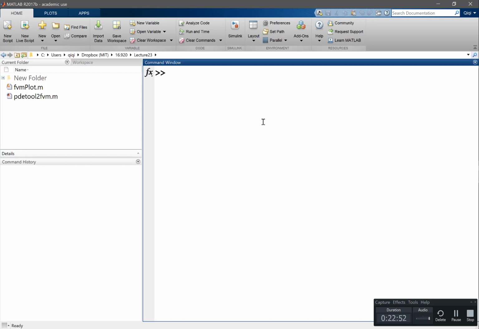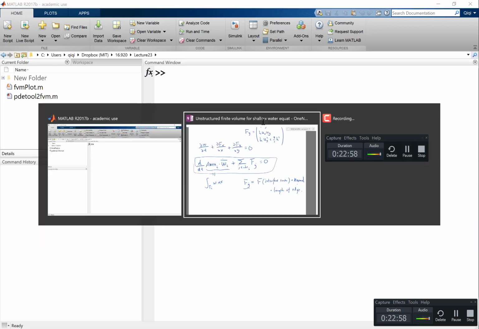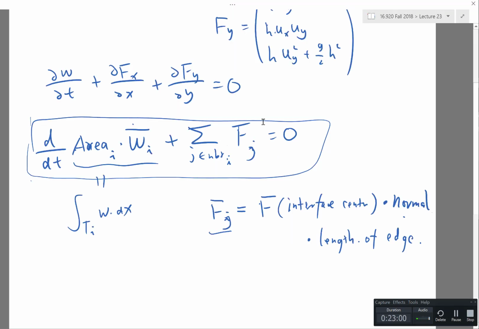First of all, let's construct all the necessary ingredients for a finite volume scheme to work. And the necessary ingredients are actually not a lot. First of all, you need the area of each triangle. Second, you need the normal of every interface multiplied by the length of the edge.